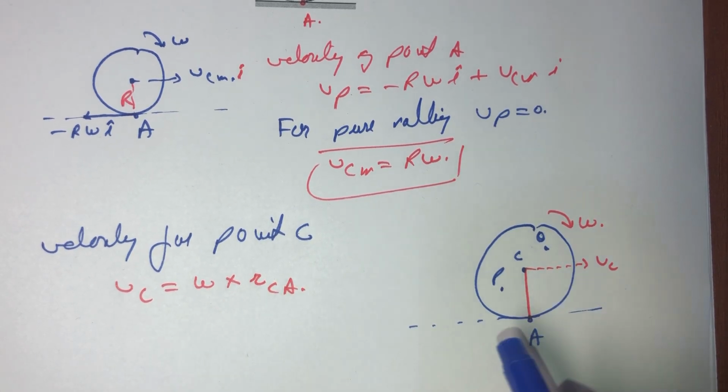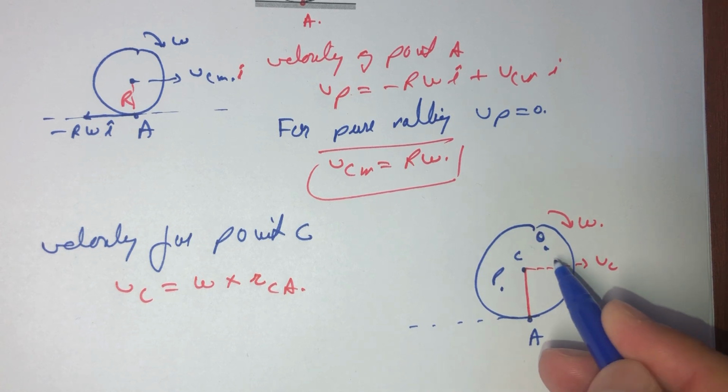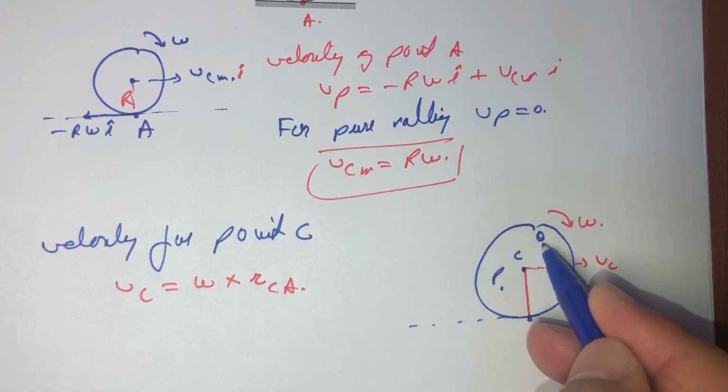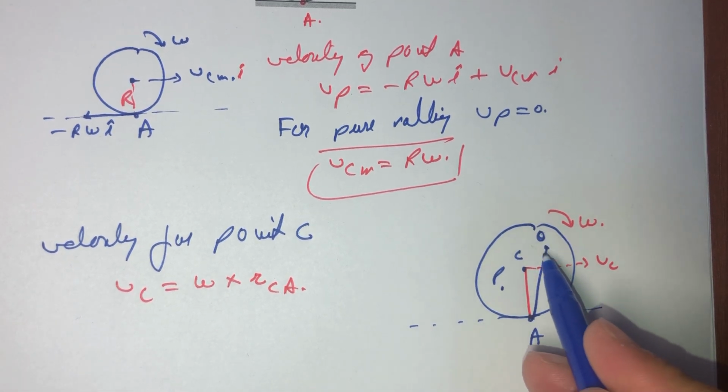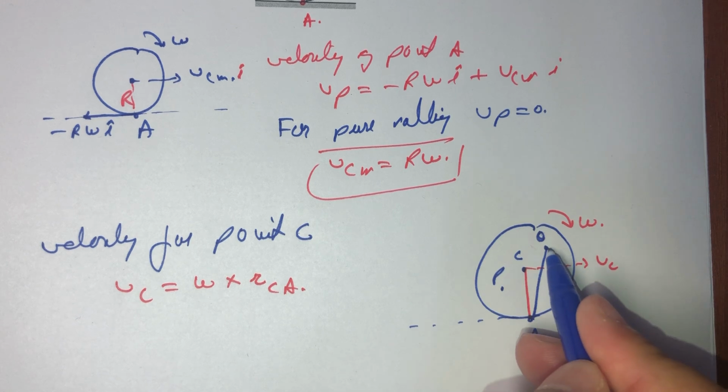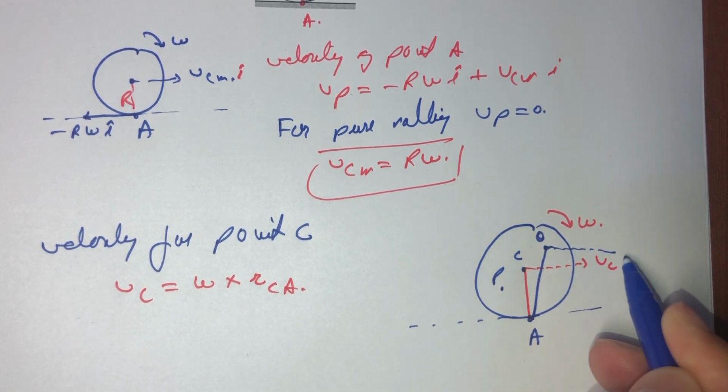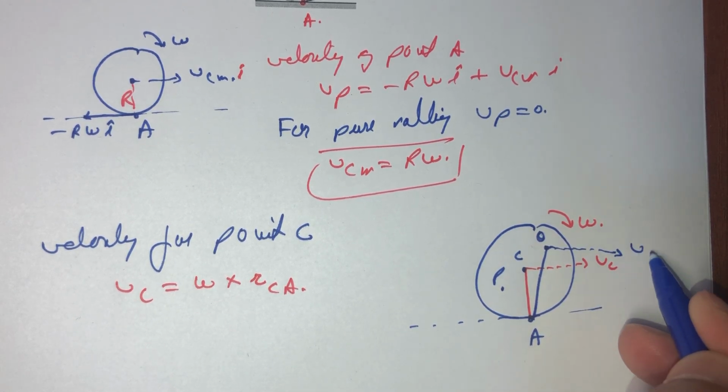And for point Q, we are simply going to join this QA and draw a velocity vector which will be perpendicular to this and going in this direction. So this will be our VQ.